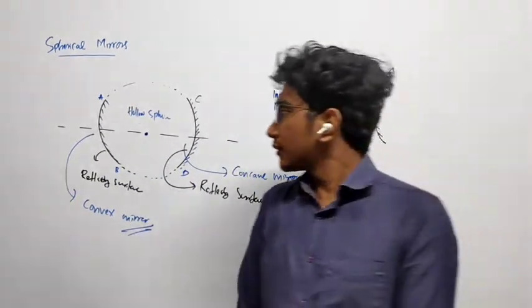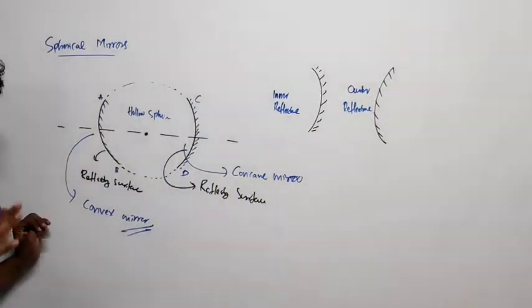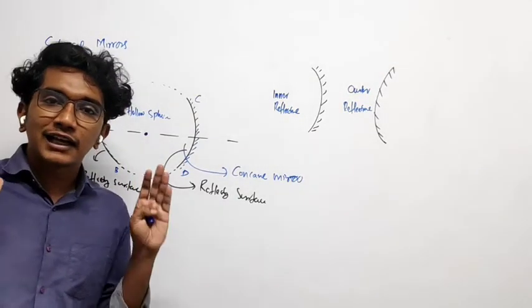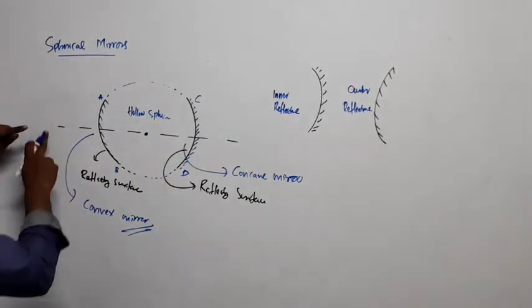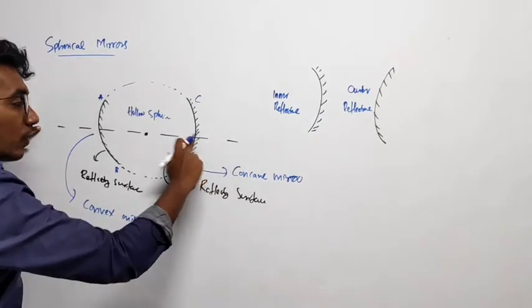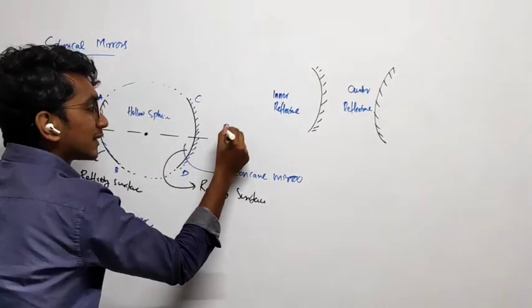One more thing: we are going to discuss all the parameters related to the mirrors. The line which passes through the center of the mirror is known as the principal axis.